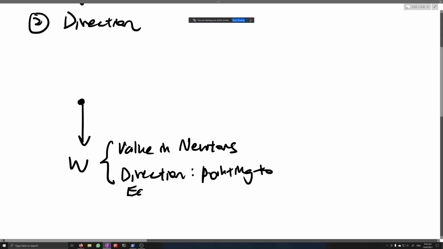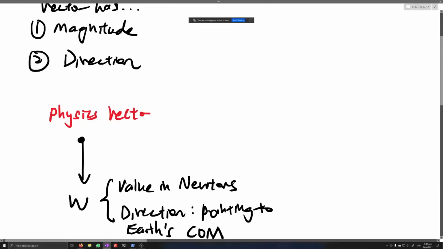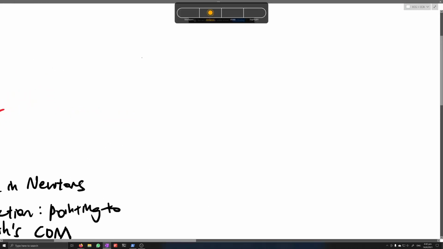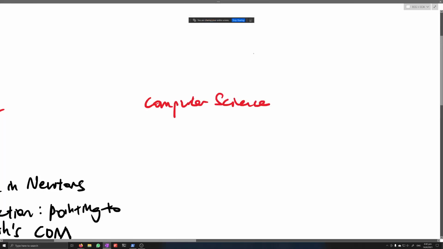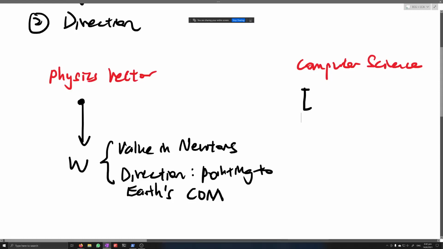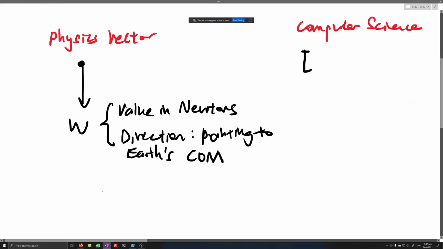Okay. This is the physics vector. For the computer science students, they normally like to think of vectors as arrays of numbers. So in this case, you could model the direction of, let's say if we have a Cartesian plane here.